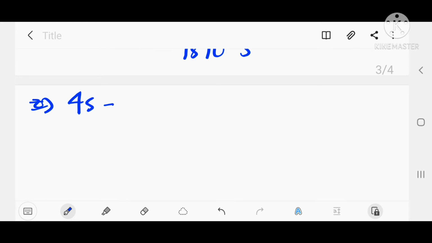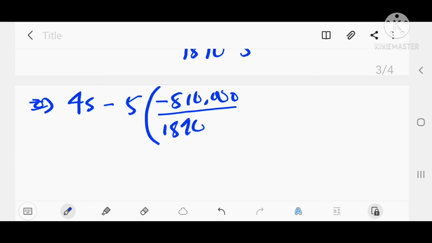So it will be 4s minus 5 bracket open minus 810,000 on 1890 minus s bracket close equals 360.